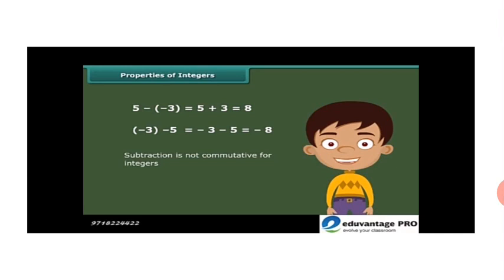We know the sign exists as minus, so you keep the minus and then add the numbers. 3 plus 5, the answer is 8, so totally minus 8. The first is 8, the second is minus 8. So subtraction is not commutative. This is the condition.